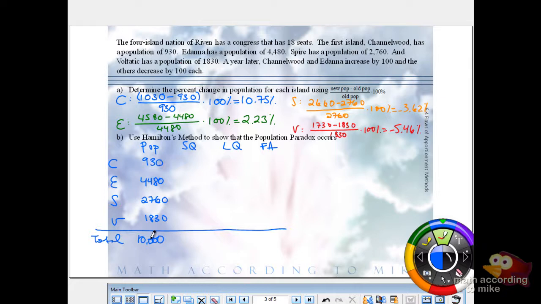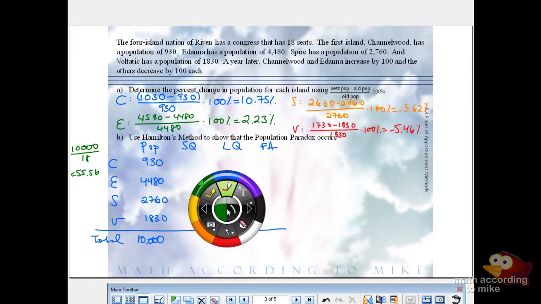We're going to round that to two places. This is side work here. I think I got 55.56. Did anyone else get that? Oh, 555.56. There's an extra 5 in there. Good?